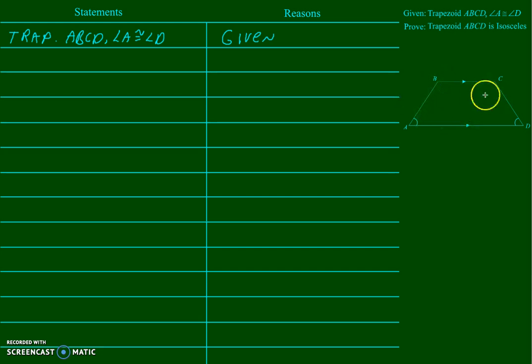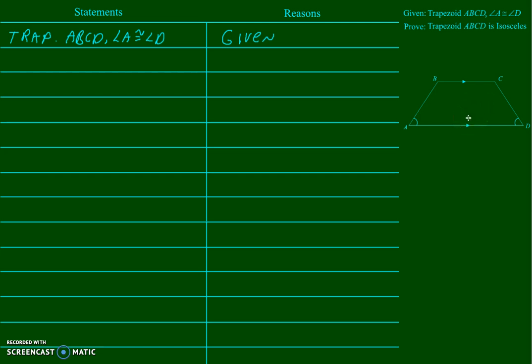Then I'm going to use the idea of congruent opposite angles and supplementary consecutive angles in the parallelogram to show that this angle is congruent to this, thereby making this side congruent to this side, and because this side is congruent to this by the parallelogram opposite sides theorem, then this is going to be congruent to that by the transitive property of congruent segments. So that's a really rough sketch overview of the plan for the proof.